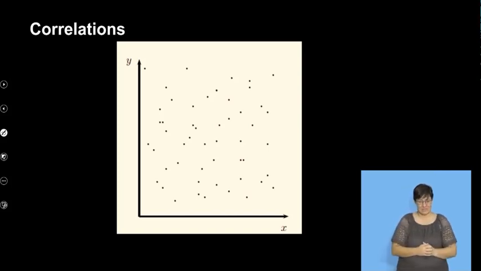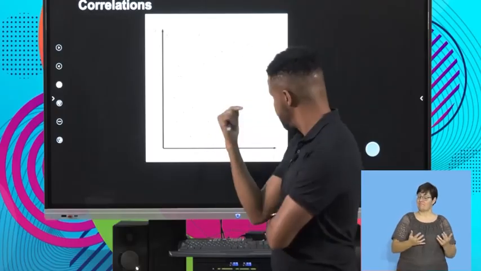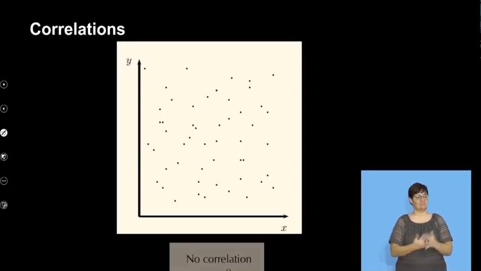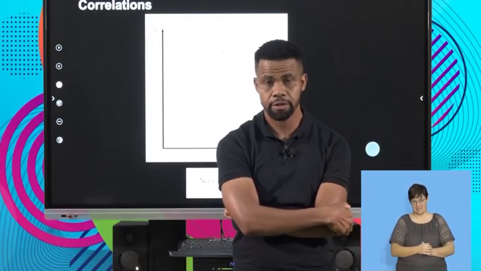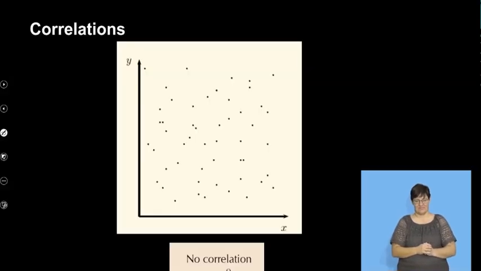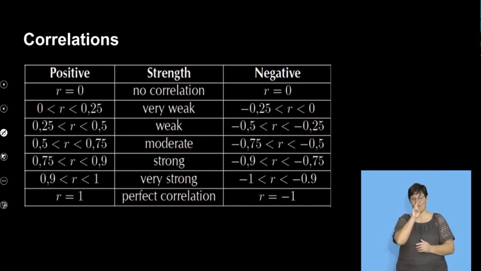What do you think? Okay, so here we have no correlation at all. So the correlation coefficient will be 0. There's no correlation between x and y in this case. Fantastic.